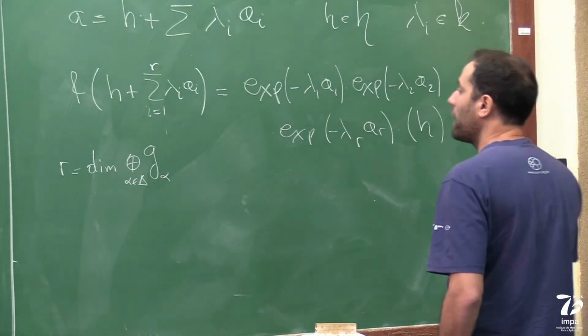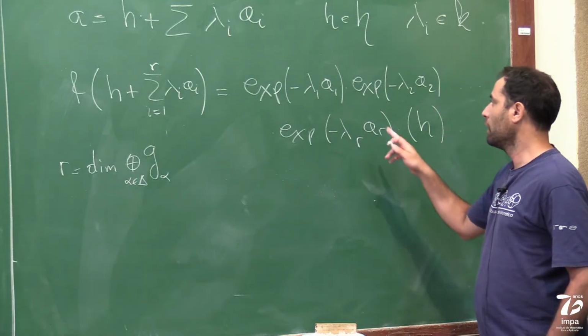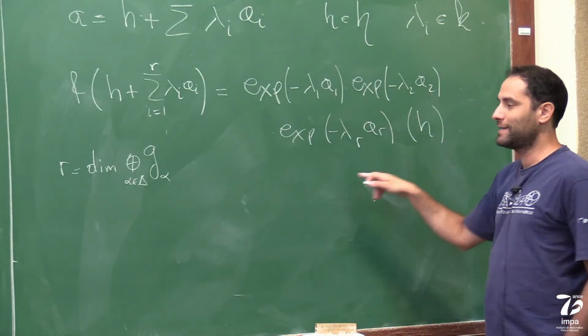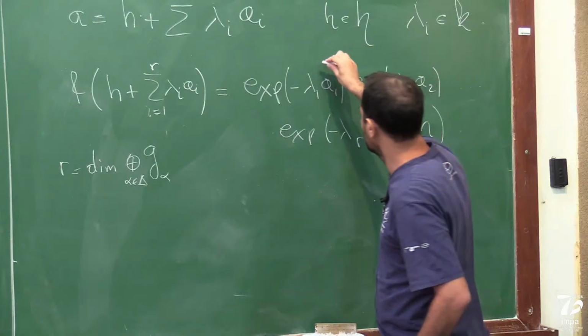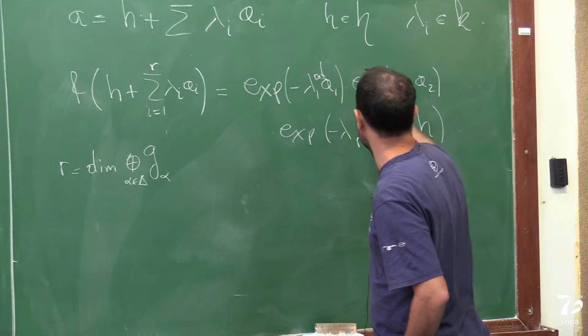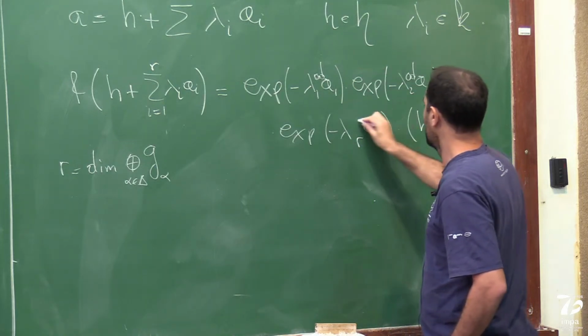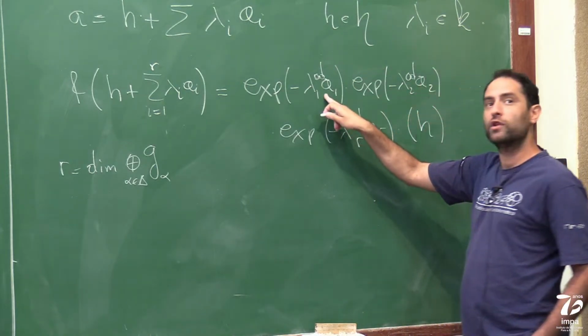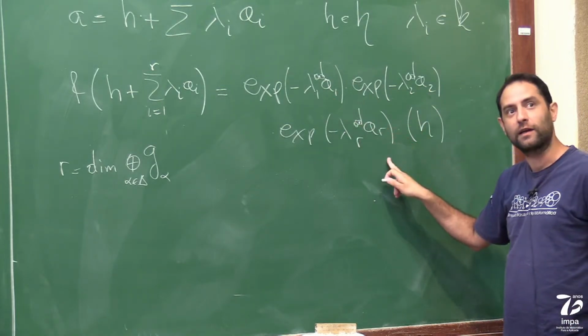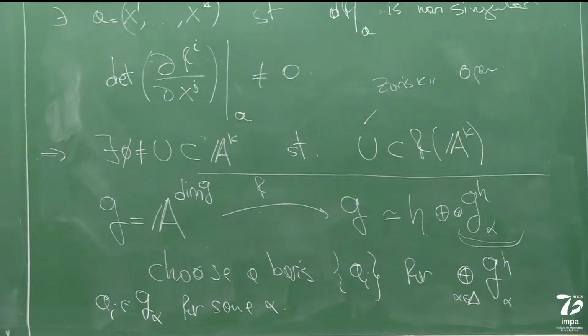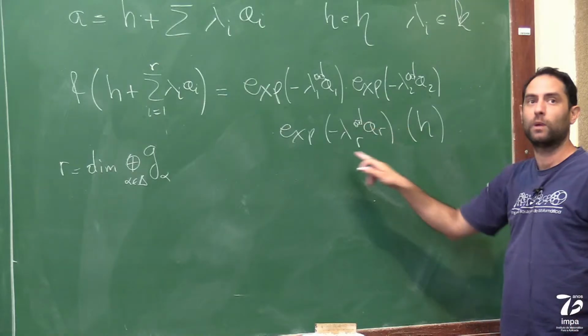Okay, so why did we go through all of this trouble? Each one of these A_i's is in one of the G alpha_i's, so the adjoint action by each one of these is nilpotent because they are not in the Cartan algebra, they are in one of the G alphas. So each one of these exponentials is well defined.